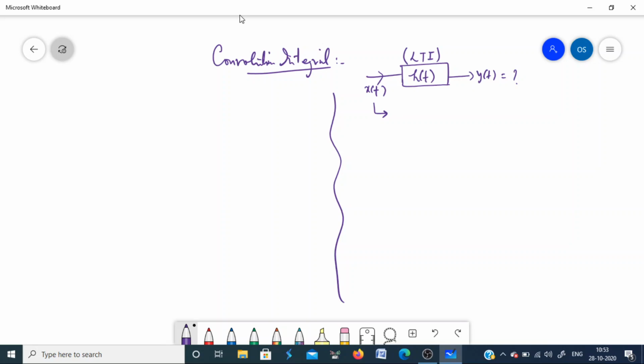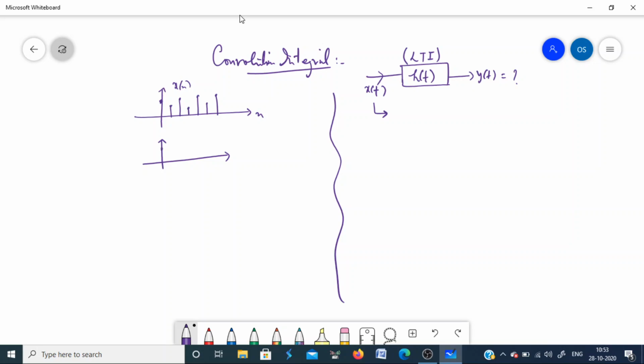In the discrete case, we took a sequence x[n]. Suppose this is my original sequence. I expressed it as a sum of different sequences which are scaled unit impulses.